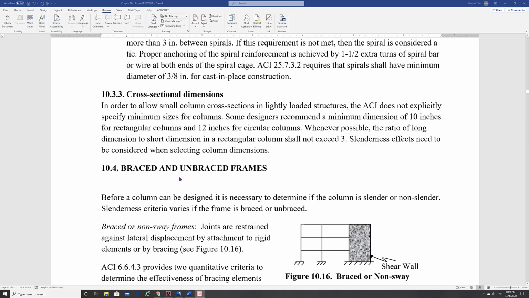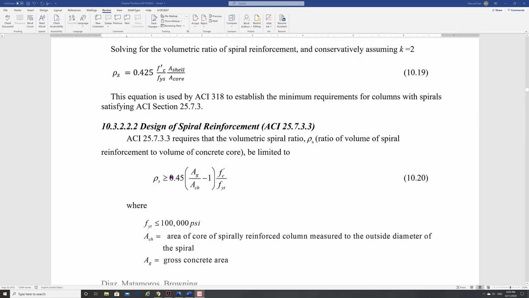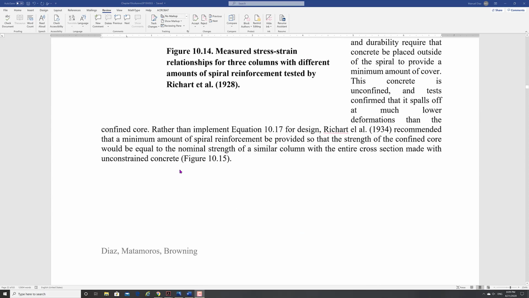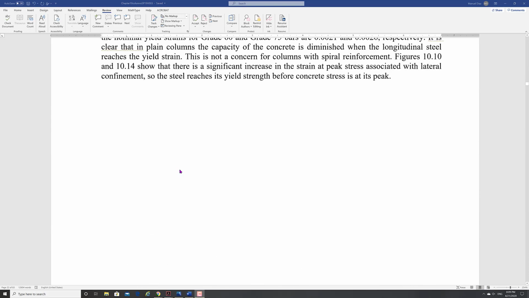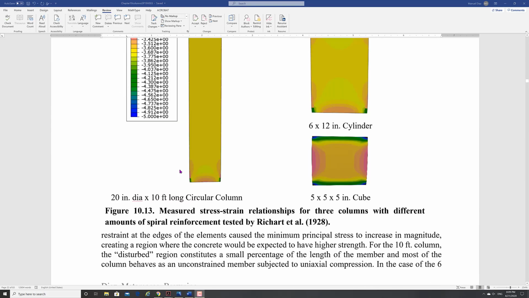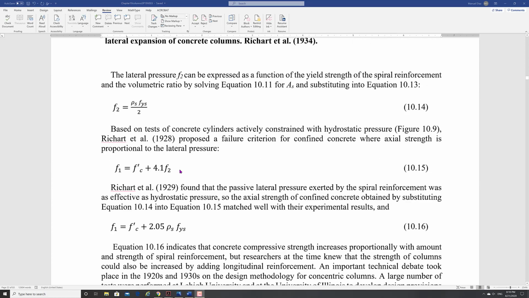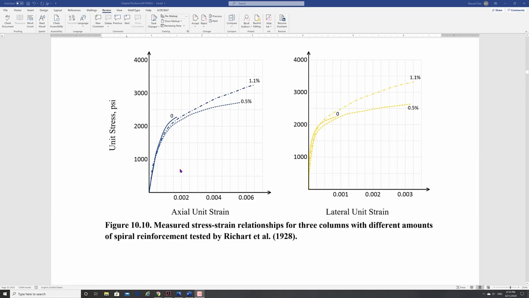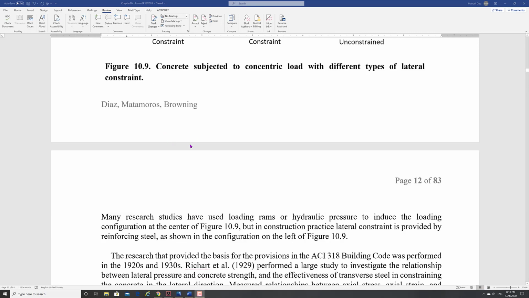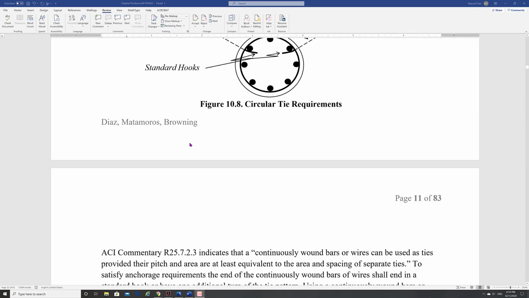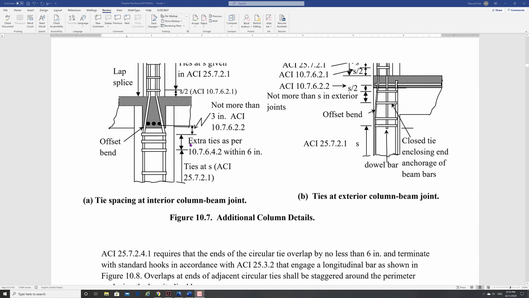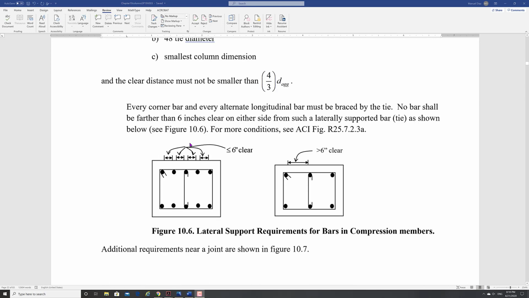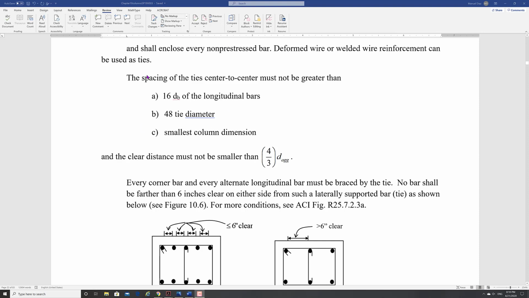And so that's why there is this requirement for a minimum size of stirrups depending on the longitudinal bar, and there is a requirement for spacings. I know we mentioned it in the case of the bars in compression for beams, and I did mention that here too, right?